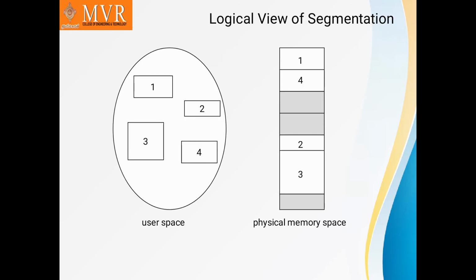This is the logical view of segmentation. See here, the user space will be placed randomly, and in the physical memory space it will be placed at the frames based on the segmentation.